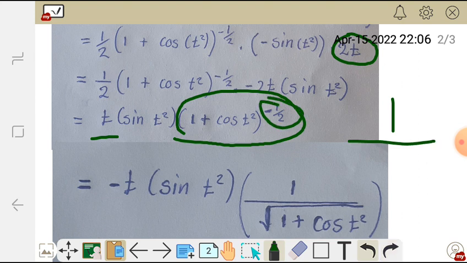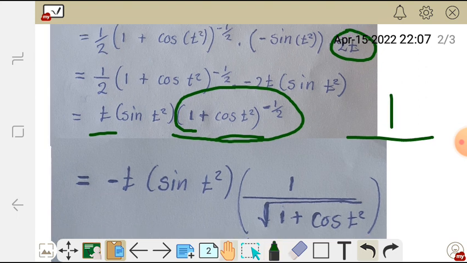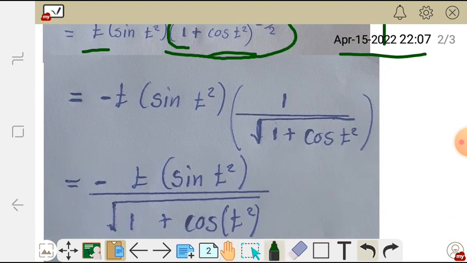So (1 plus cos t squared) to the negative half will be 1 over (1 plus cos t squared) to the half.